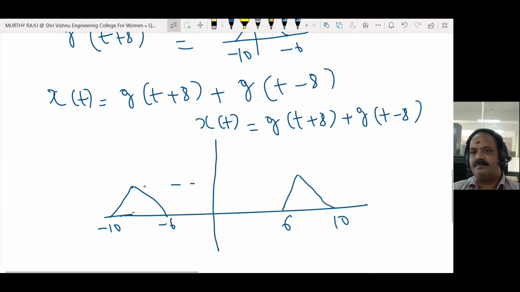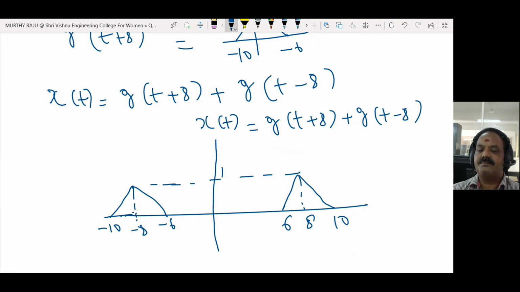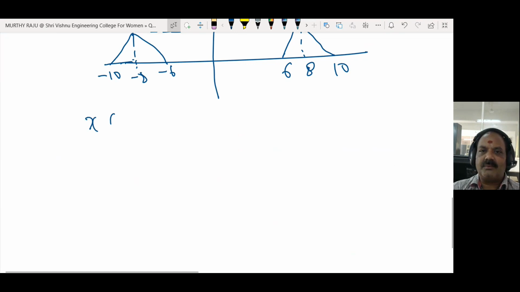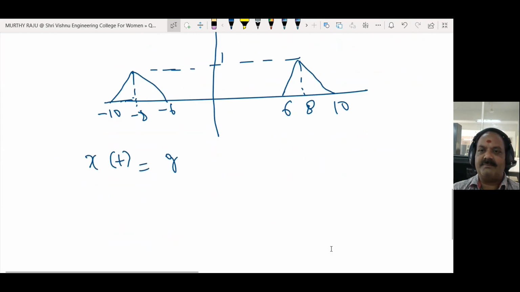The function here is 1. Therefore, finally, x of t is equal to g of t plus 8 plus g of t minus 8.